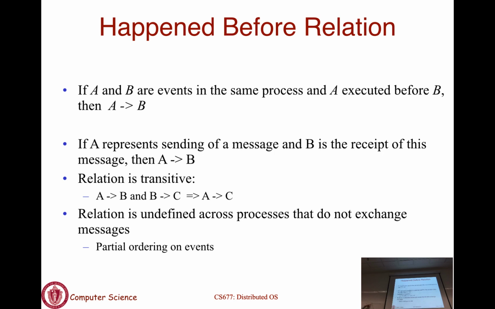Because we simply knew that send has happened before the receipt, we could order these and those, and that way you could get a partial order. That's the happened-before relationship. It's also undefined across processes that do not exchange messages, or if there's message exchange, anything after the send or before the receive cannot be ordered. So it's a partial ordering that we get, not a total ordering.